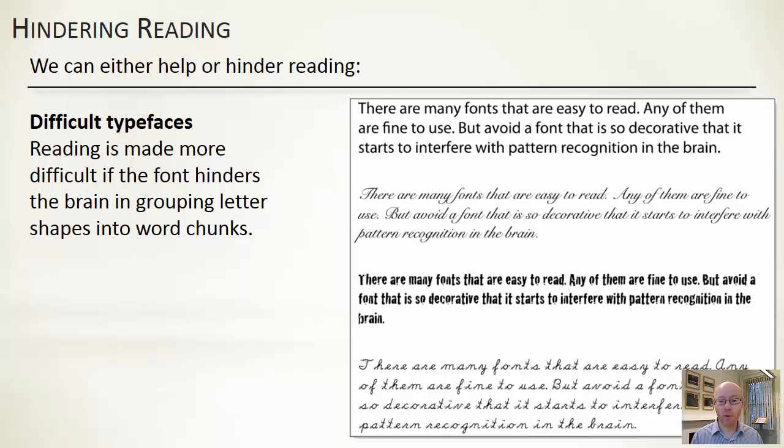Ideally we want a font where we can very easily group the letters into words and understand what those units are. The one at the bottom is particularly difficult, because if you scan it, it's not easy to group the letters into chunks or to understand what the letters within each chunk are. Whereas the one at the top is quite easy to group and understand.